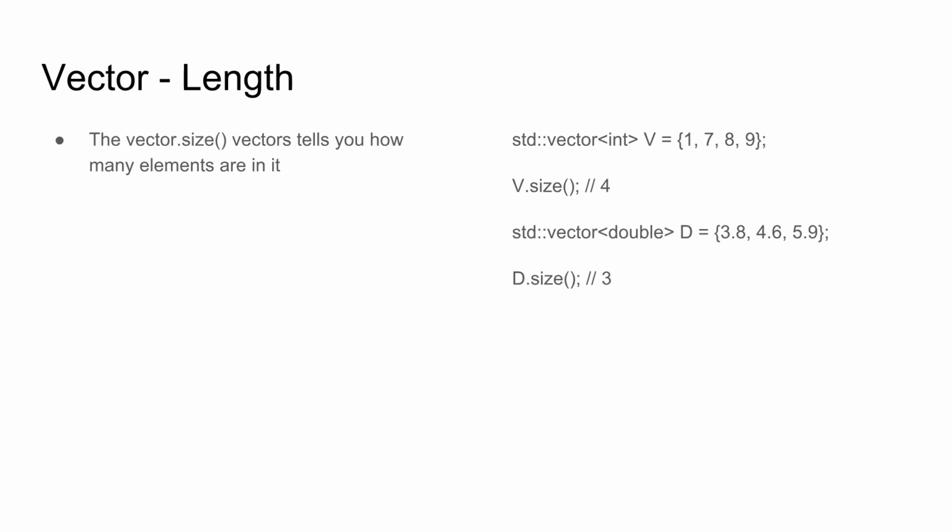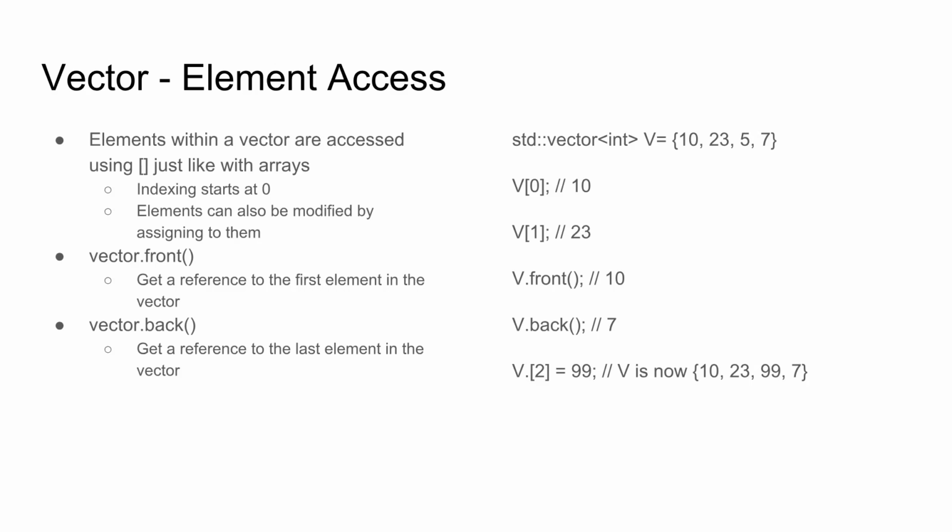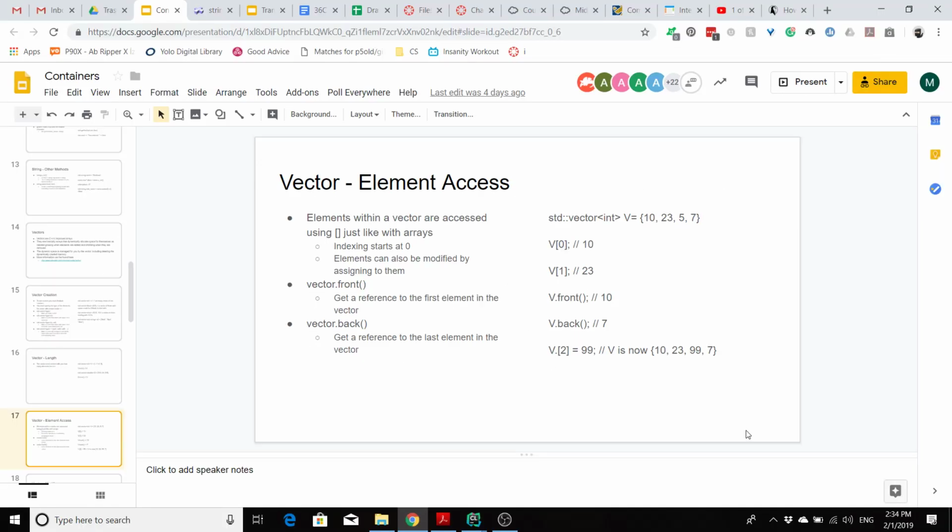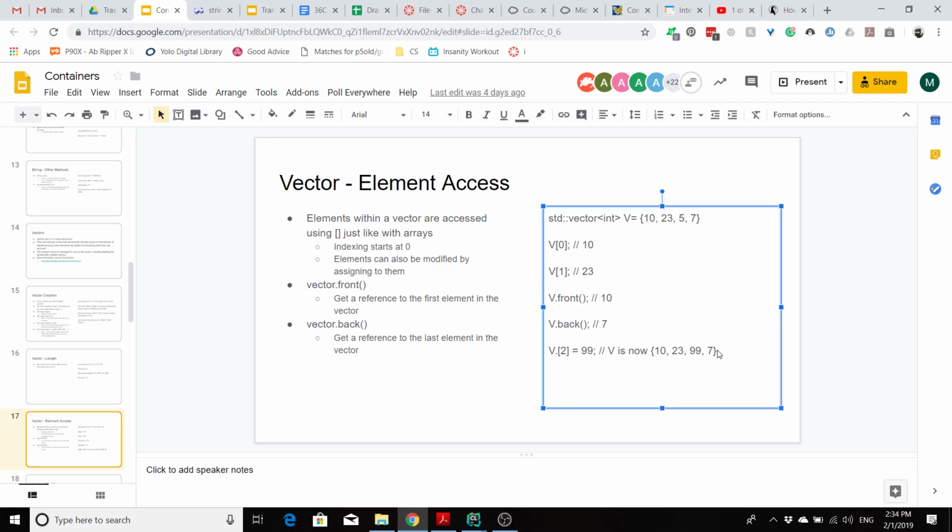You want length, use .size. If you want to access the elements, again, you can use the square brackets just like you would with an array, or you can use .at again to access the element at a position, which would look like, in case you're curious, v.at(3).